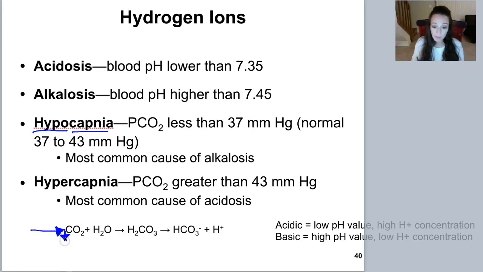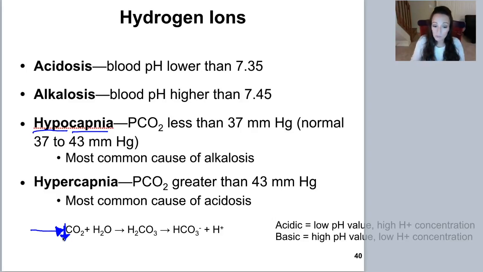Remember, this equation will balance itself out. It will adjust, shifting either to the left or to the right in order to balance itself out and make the concentrations of all of these different components as equal to one another as possible. So because we have low CO2, you have to think about which way our equation will shift to bring this CO2 level up a little bit.